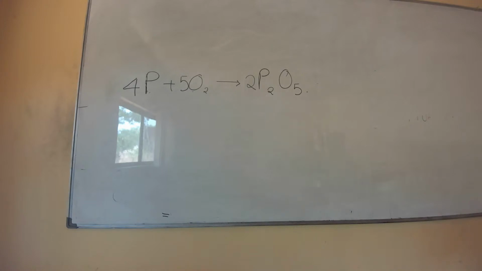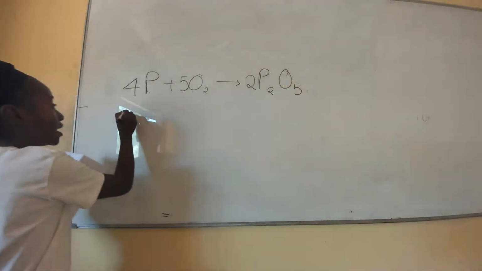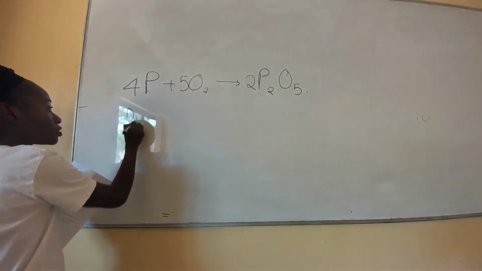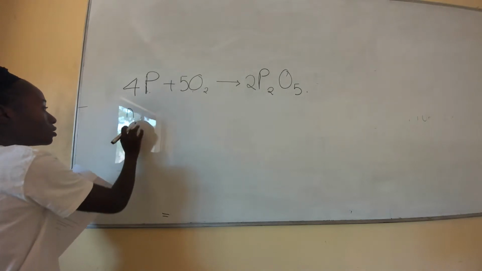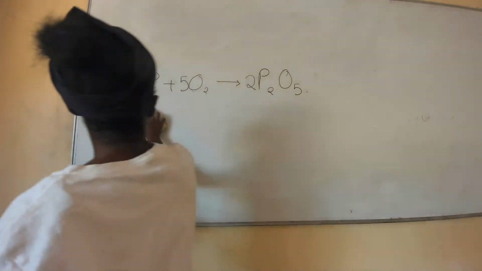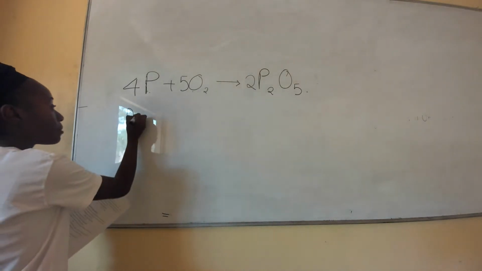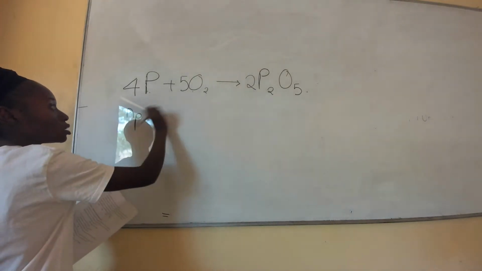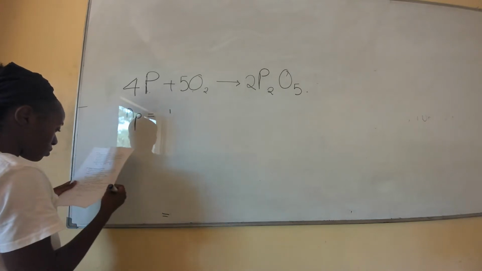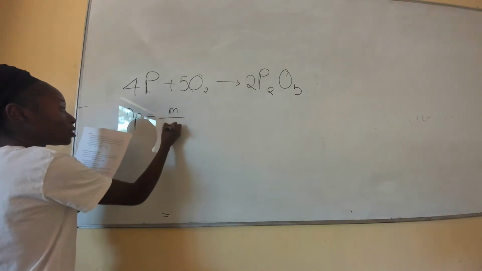Then the question was asking us to find the limiting reactant. To find the limiting reactant, we first find the number of moles. We start with phosphorus. The number of moles of P is equal to mass over molar mass.